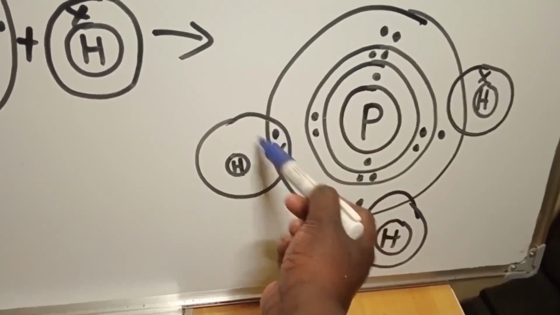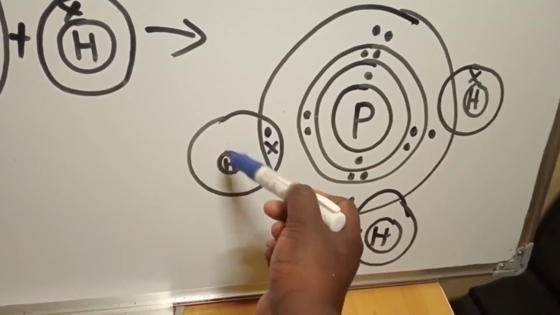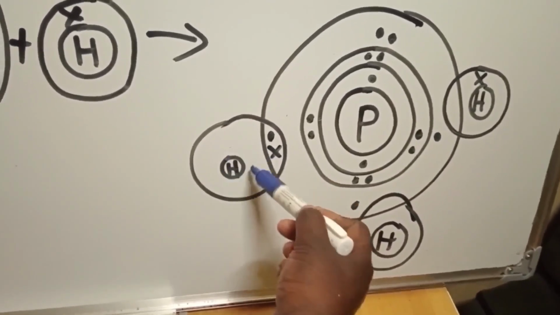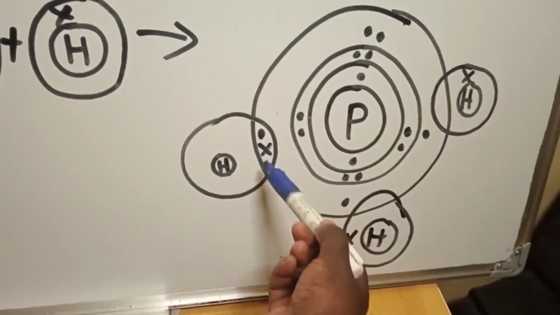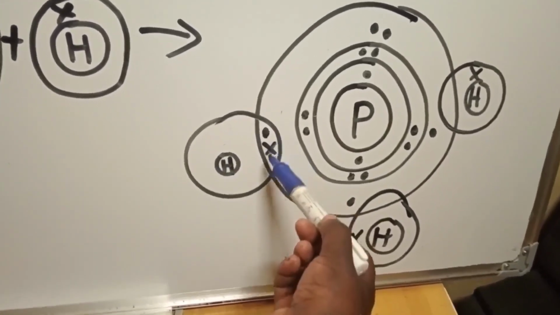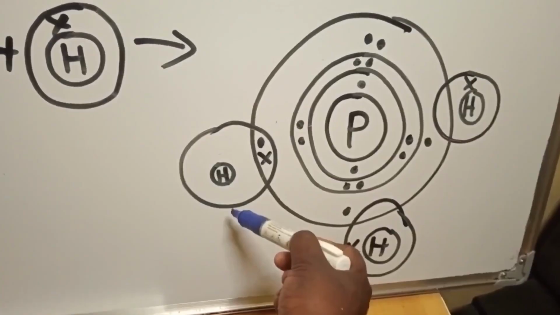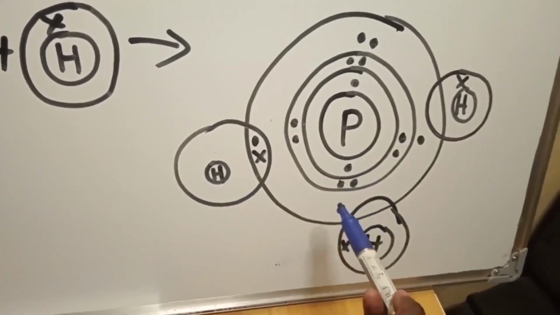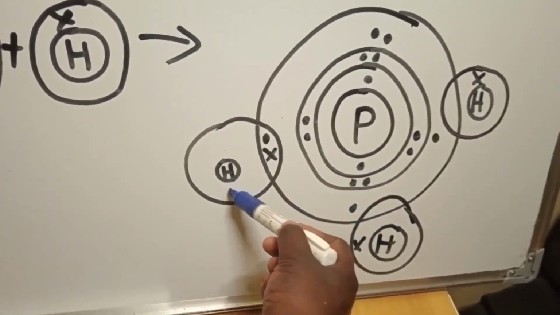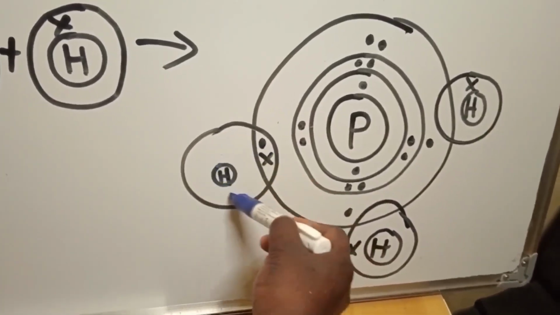That's why I'm saying it is at this point behaving like a halogen, because as a halogen it will be required to gain 1 electron. So after it has gained 1, it will now have 2, like the stable configuration for helium. So this energy level is now full.